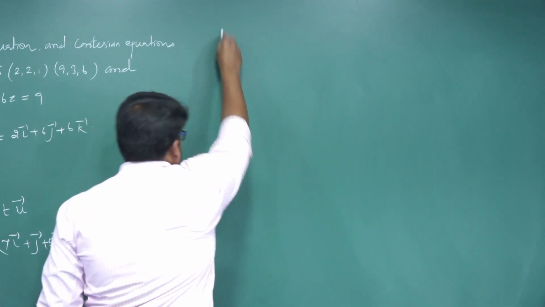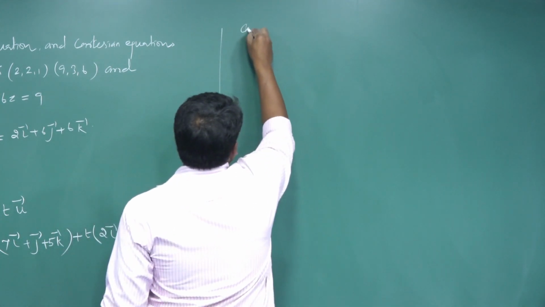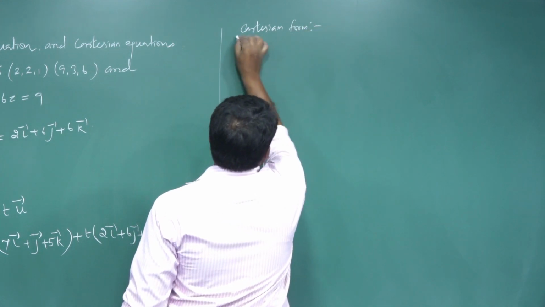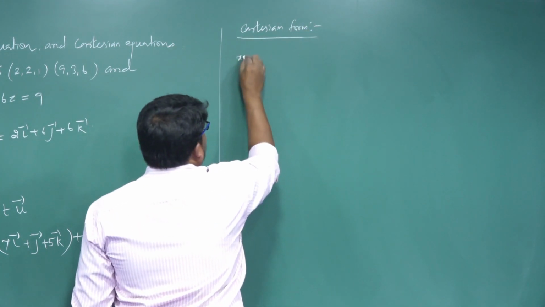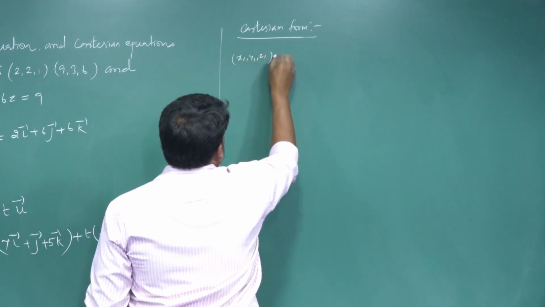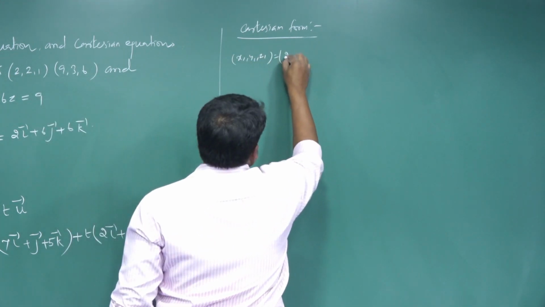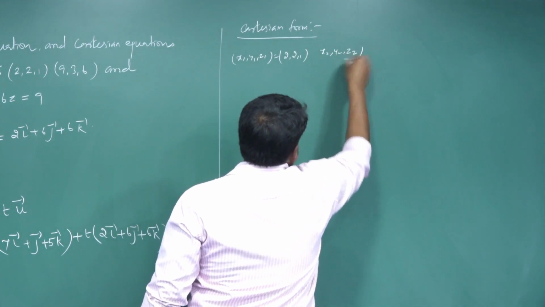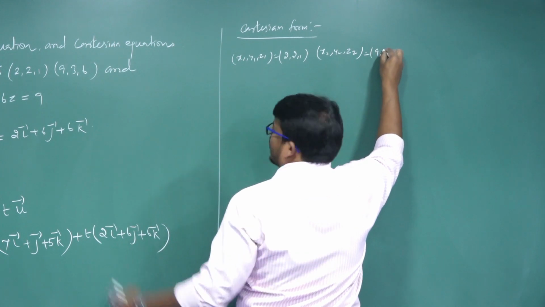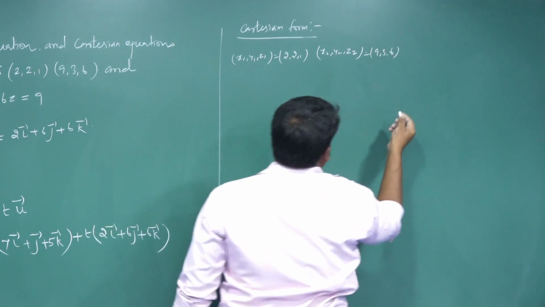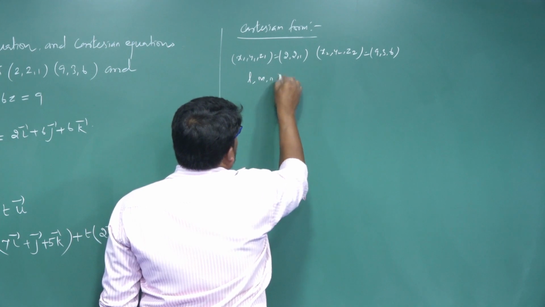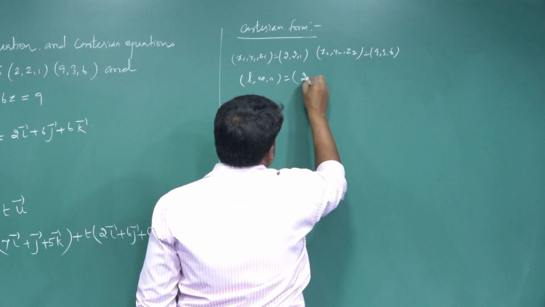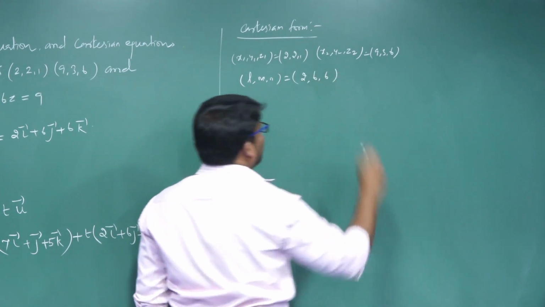Next, find the Cartesian equation of the plane. Given the 2 points, the first point x1, y1, z1 = 2, 2, 1, and x2, y2, z2 = 9, 3, 6, and L, M, N = 2, 6, 6, the parallel vector.